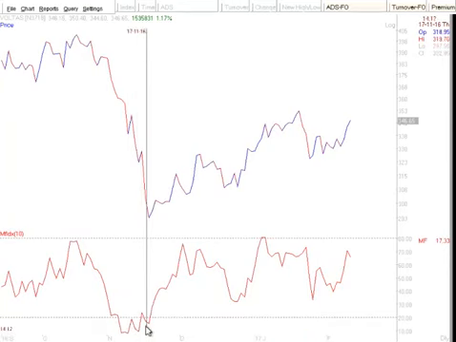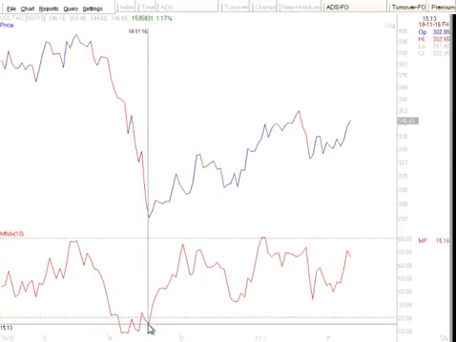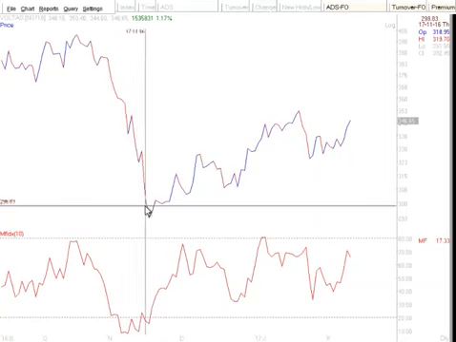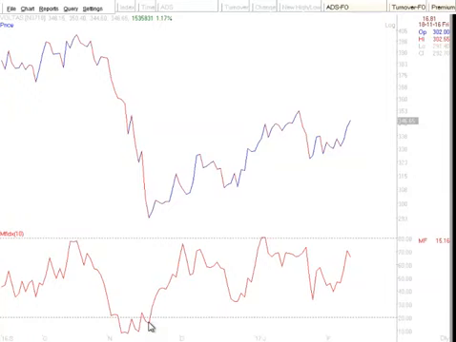So what is happening? MFI is making a higher low, price is making a lower low. So as it's getting cheaper, it's making a positive divergence. What does it tell you? It will try to go up.